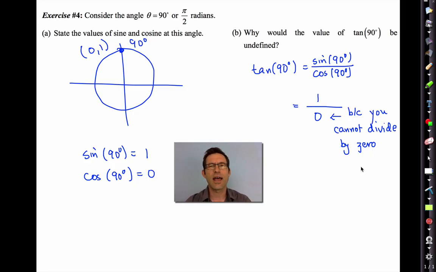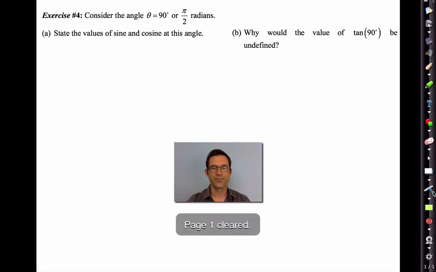But tangent has all these different angles at which it's undefined because there's all these different places where the cosine function may give you an output of 0. And that will be a problem. Anyway, pause the video, write down anything you need to. All right, let's clear out the text. Move on.